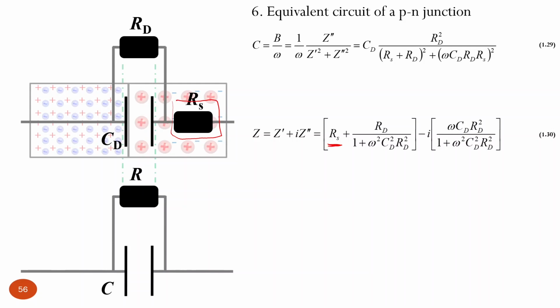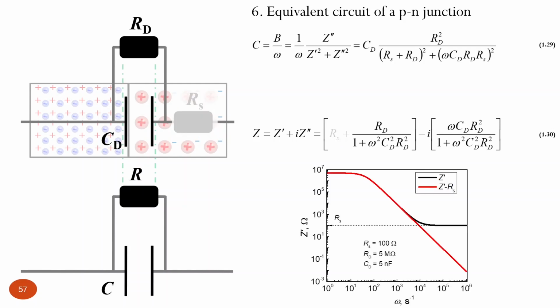It's here in the active component of impedance. So we again simulated how the real component of impedance depends on frequency, with the black line, and without series resistance when we correct for it. So that's what we saw previously.